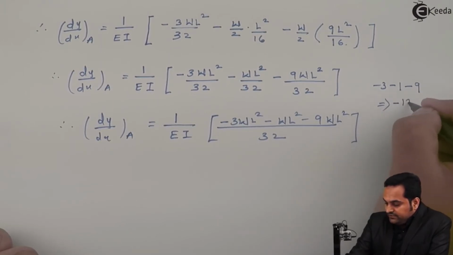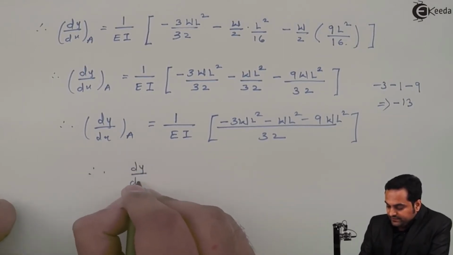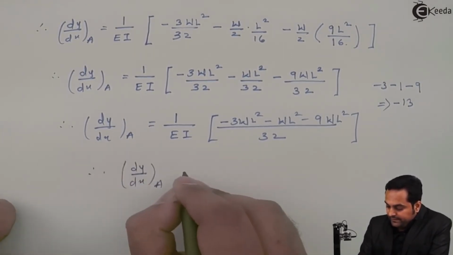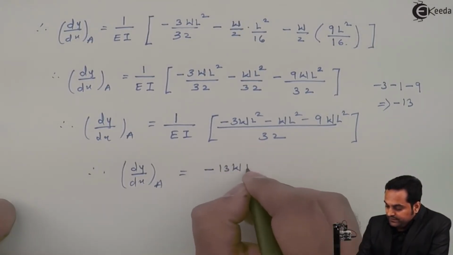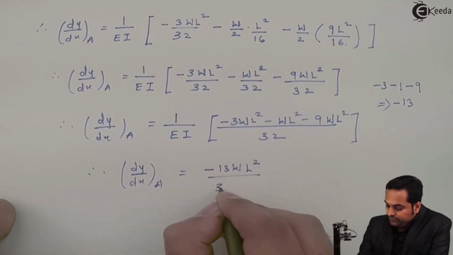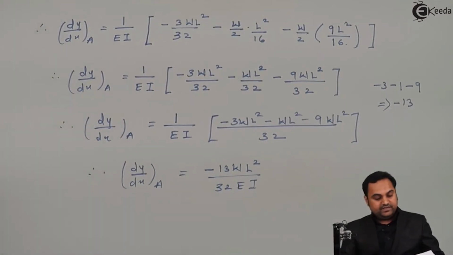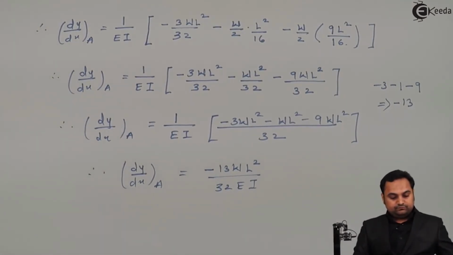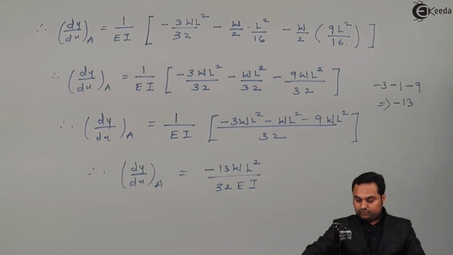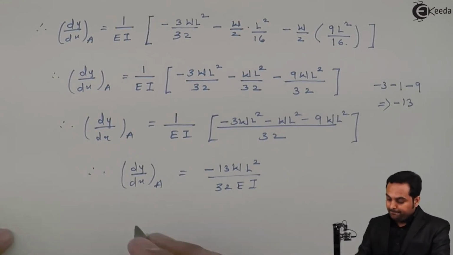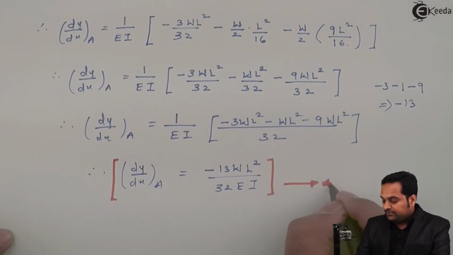So here we have minus 13 as the answer. So therefore dy by dx, that is the maximum slope at A, is equal to minus 13WL square upon 32EI. That is the answer which I am getting. So therefore this is the maximum slope which will be acting at point A. Answer number 1.